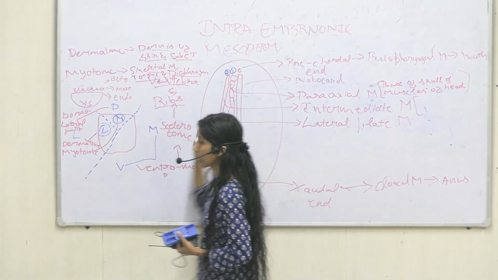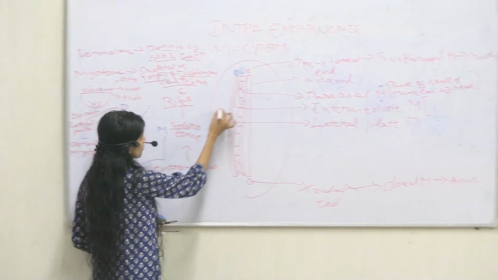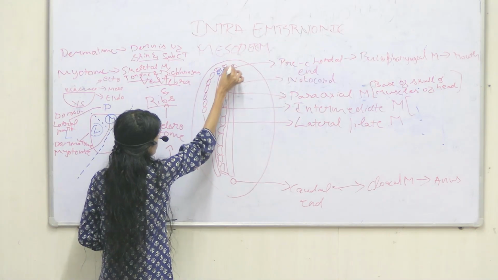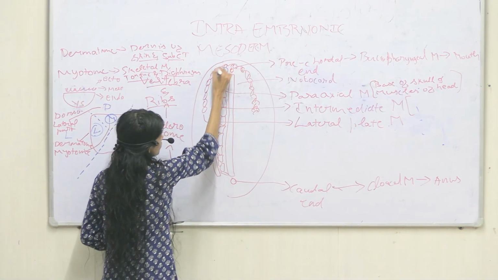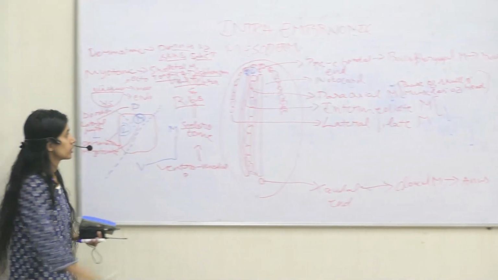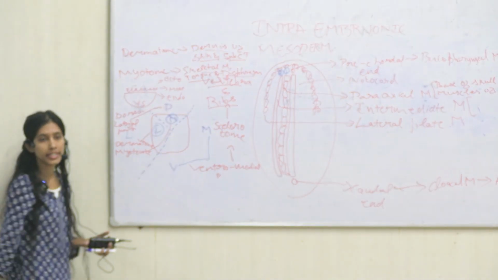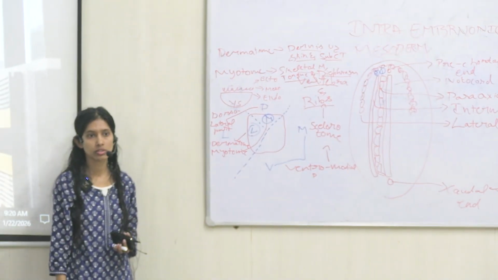So in the third part, that is in your lateral plate mesoderm, we can see the presence of vacuoles like this. Is it finished? Any doubts in the paraxial mesoderm derivatives? No doubts?